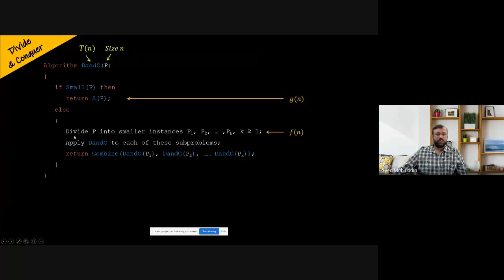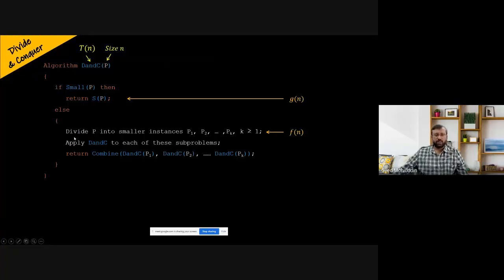Now, dividing a problem P into smaller instances might even be a primitive statement, but let us say that dividing a collection of elements takes a time of f(n). So we are trying to represent the general divide and conquer algorithm using different functions.